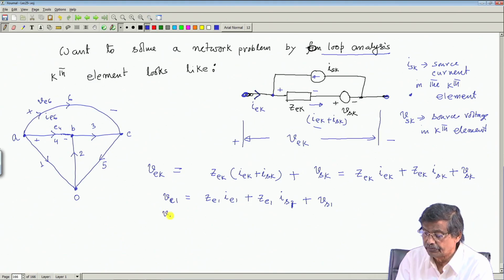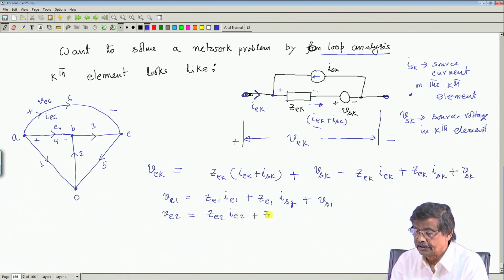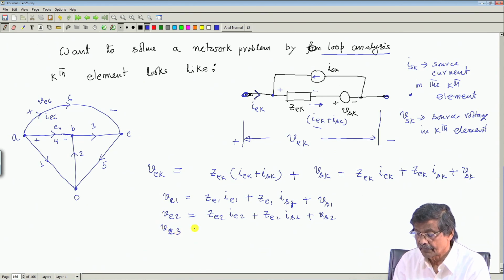Similarly, VE2, let me write once, ZE2 IE2 plus ZE2 IS2 plus VS2. VE3 will be equal to ZE3 IE3 plus ZE3 IS3 plus VS3.